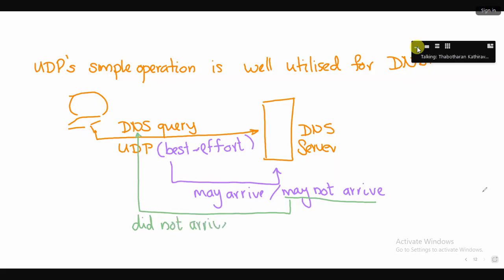There is a browser which sent this DNS query and the reply did not arrive. So what do we do then? Send it again, after waiting for a certain period of time.